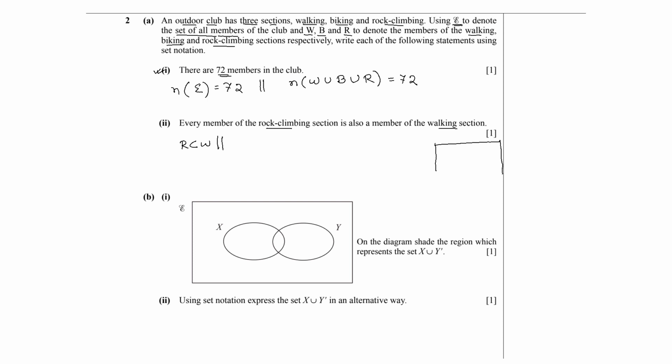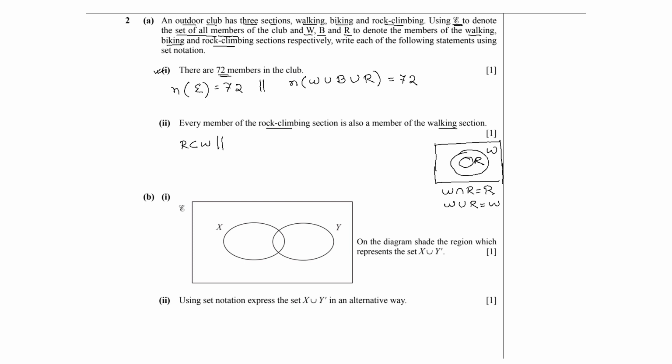In this scenario, every element present in R is present in W. We can imagine this R being part of the set W. From this Venn diagram, we can write W intersection R is R. And from this Venn diagram, we can also write W union R is W.